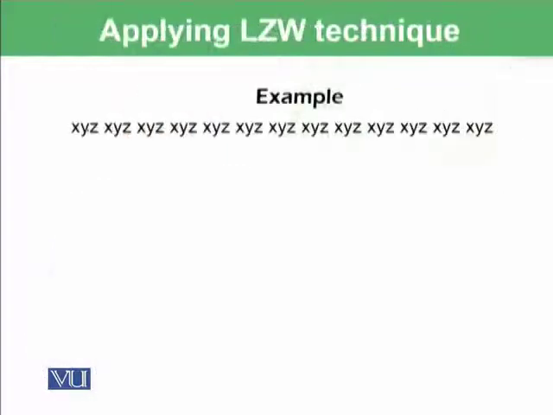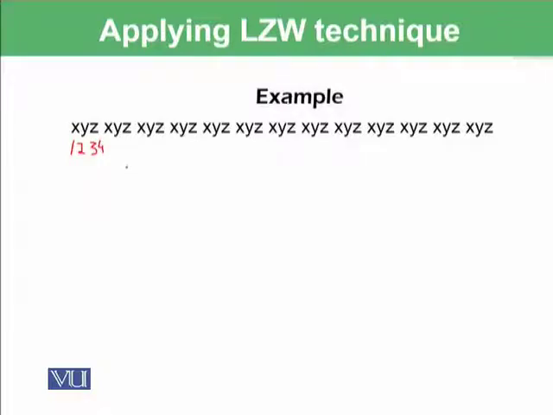Let's see what this encoding is. You can see that we have such information. We want to store XYZ space and so on. Let's say we encode X as 1, Y as 2, Z as 3, and the space as 4.